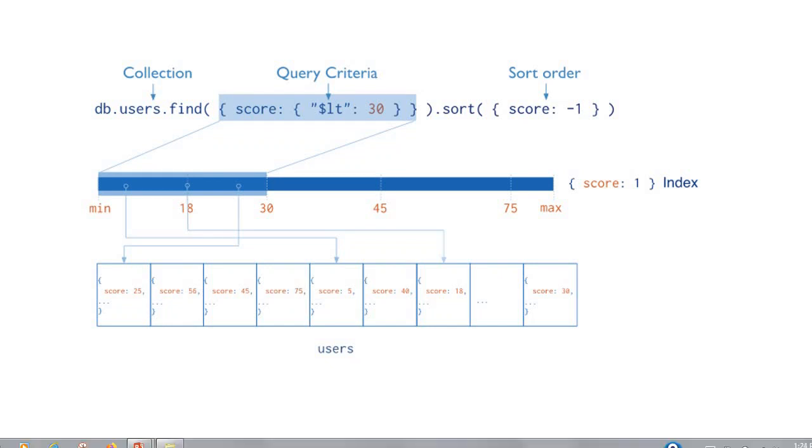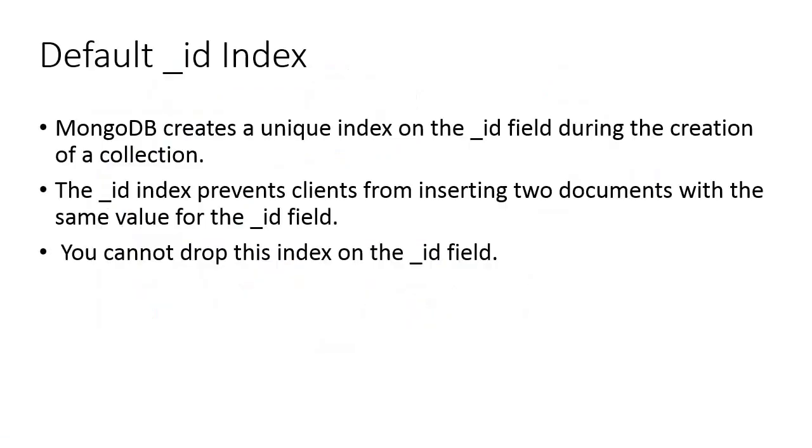Fundamentally, indexes in MongoDB are similar to indexes in other database systems. MongoDB defines indexes at the collection level and supports indexes on any field or any subfield of the documents in a MongoDB collection. See, by default the underscore ID is the index.